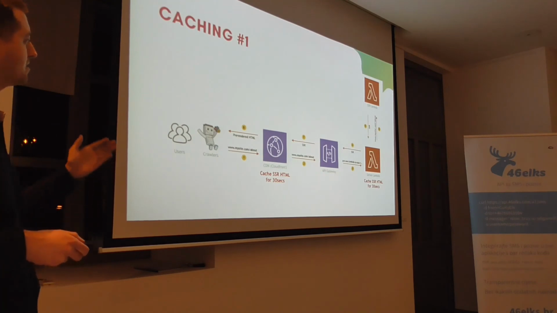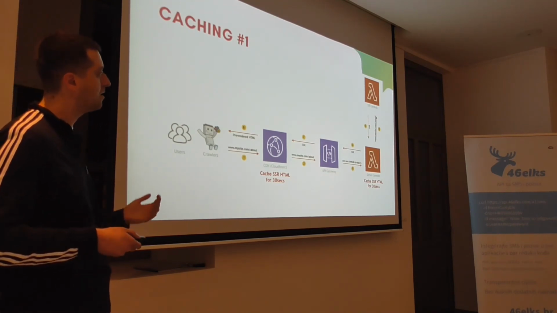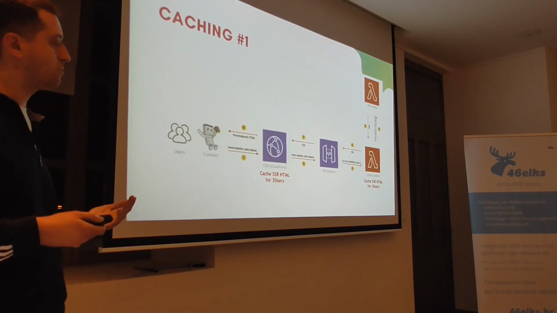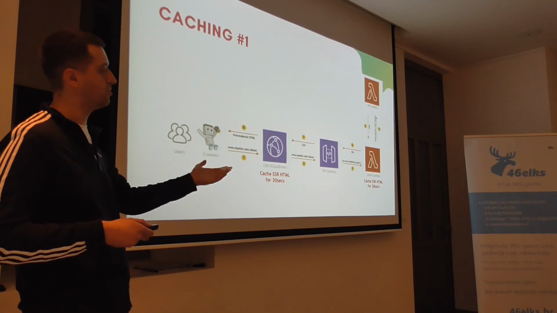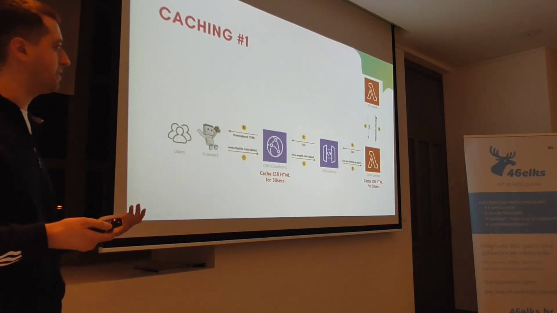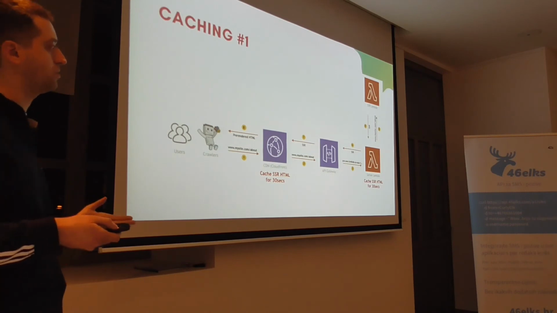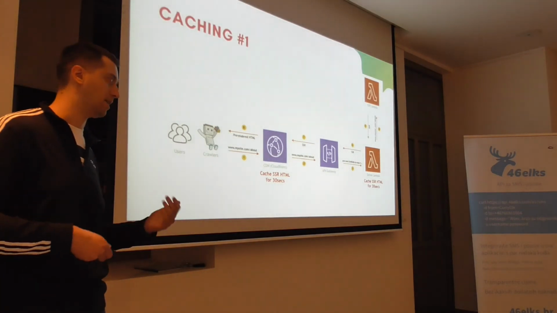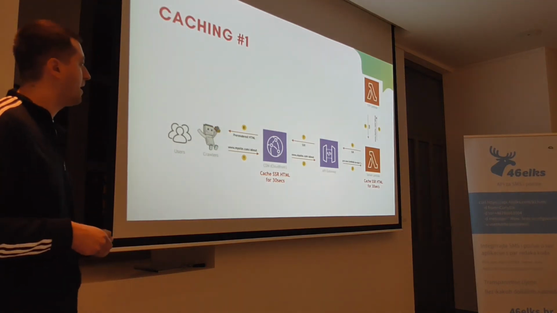That means the next time this user again or another user visits your website, this SSR HTML wouldn't have to be regenerated. We would be able to just use the cached version of that HTML and return that instead. We would cache it for about 30 seconds. You can experiment with that. You can put 60 seconds or so. It really depends.